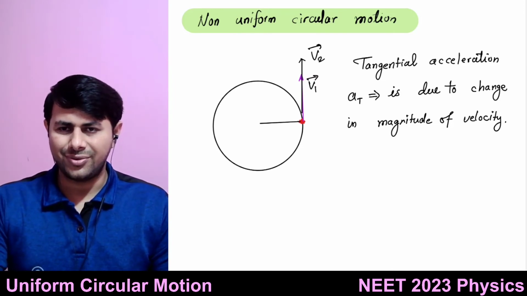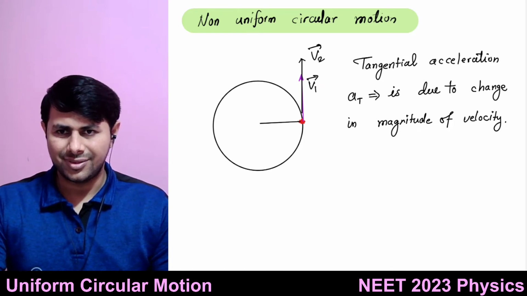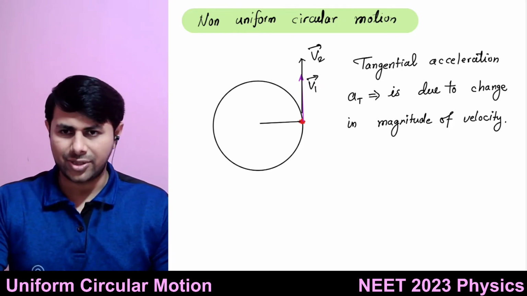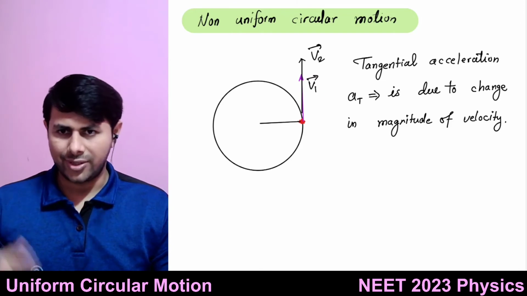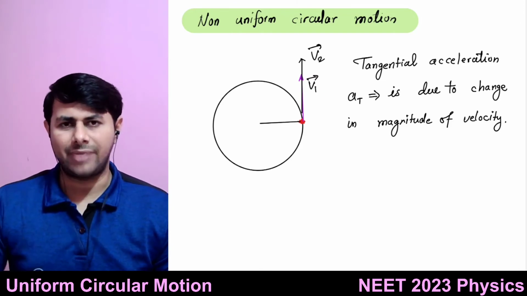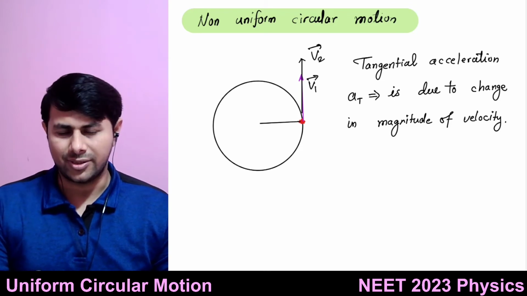Got this? Okay, Sanjay, Florence, is there a question? No, sir. So you got that this is because of change in magnitude of velocity. Centripetal is due to change in direction of velocity.